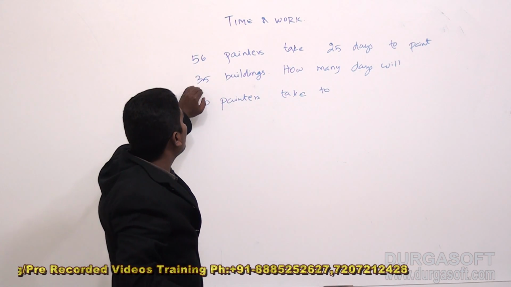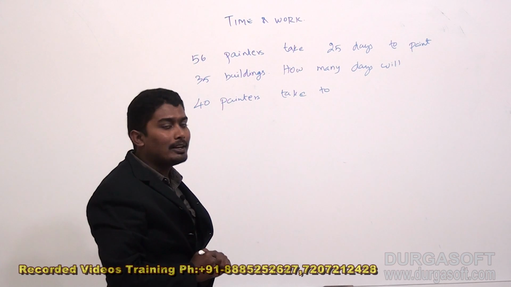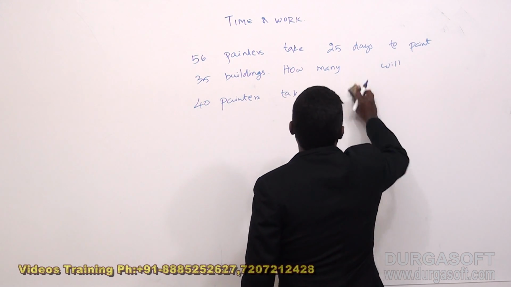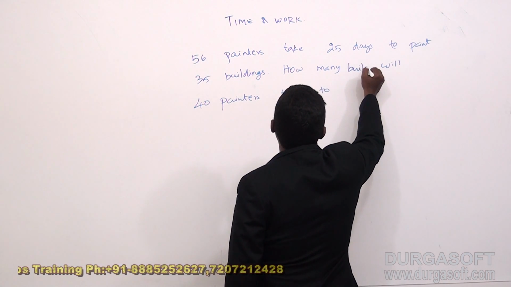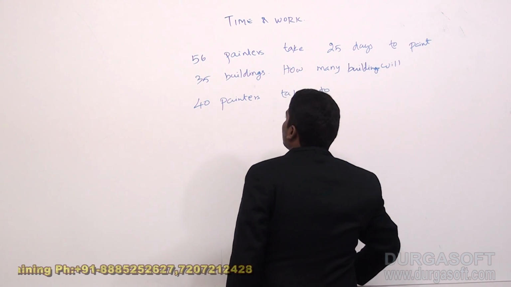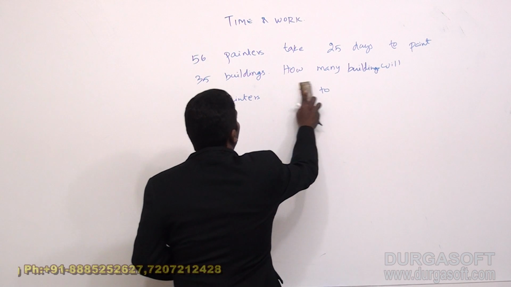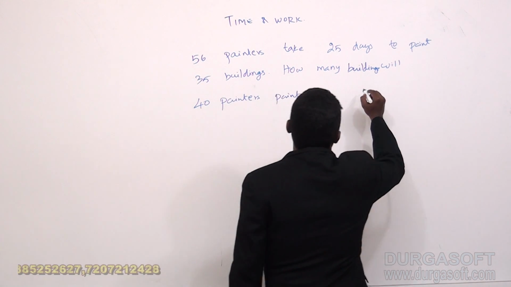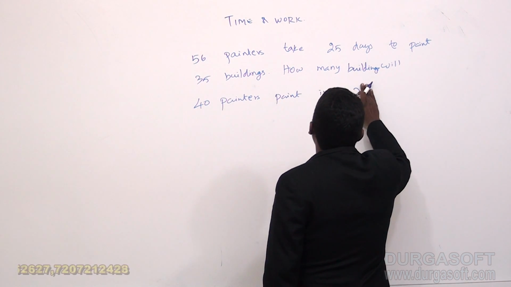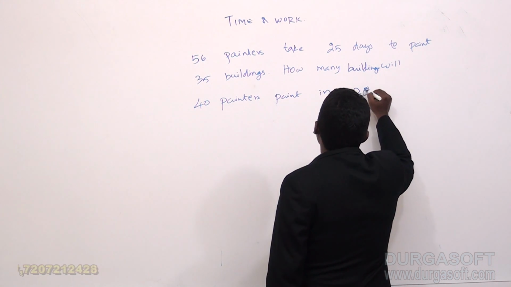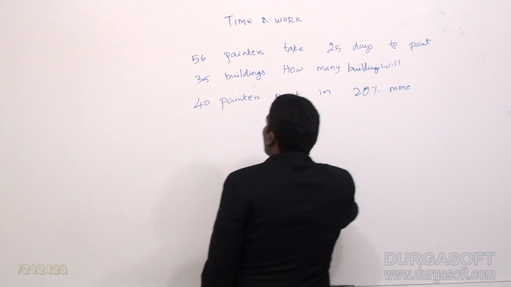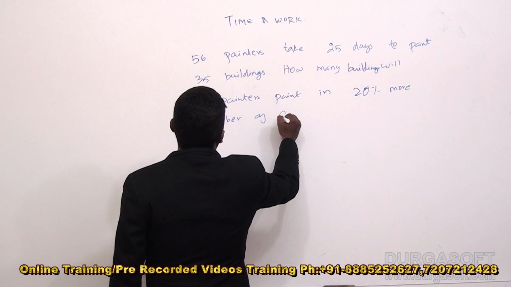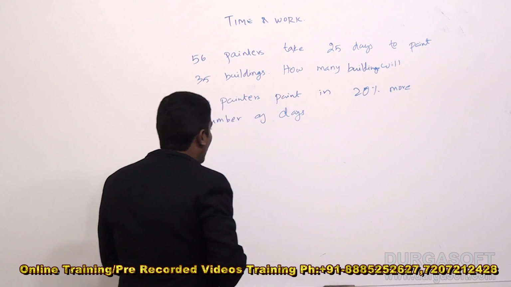56 painters take 25 days to paint 35 buildings. How many days will 40 painters take? Sorry, how many buildings will 40 painters paint in 20% more number of days?